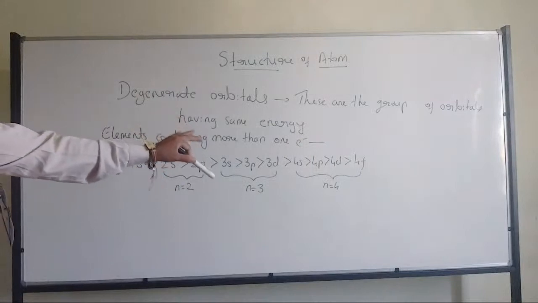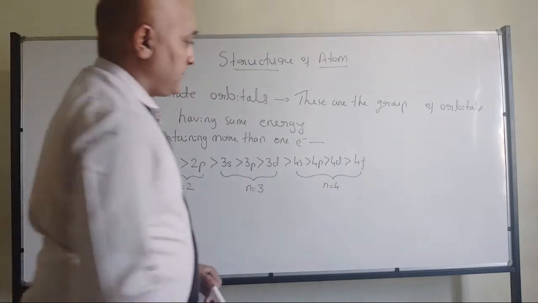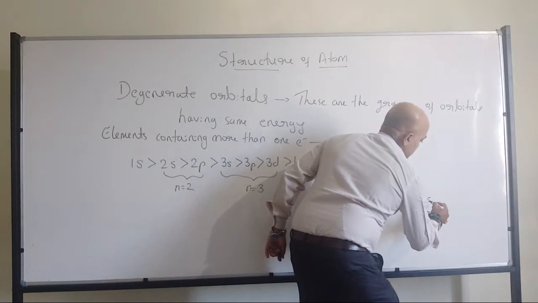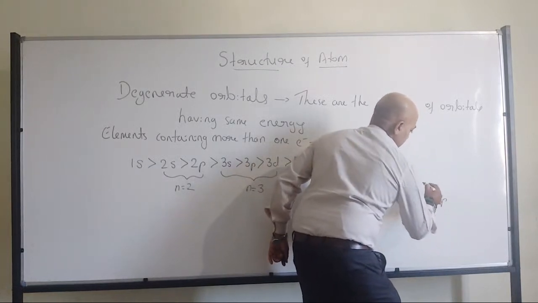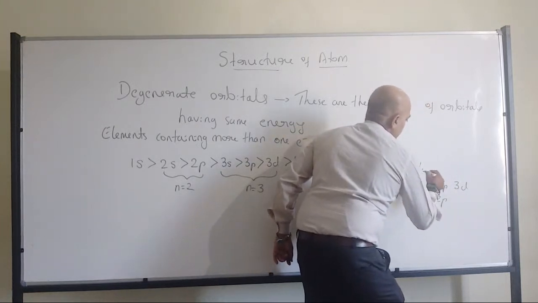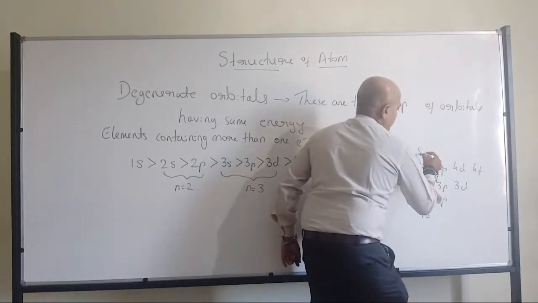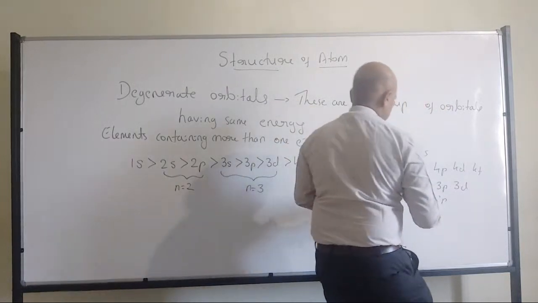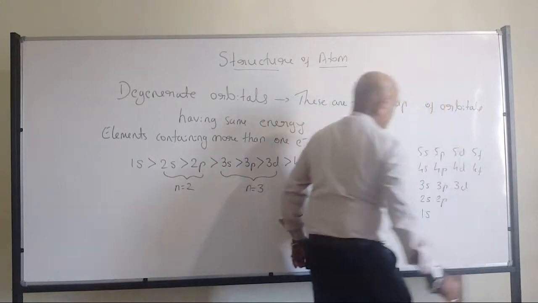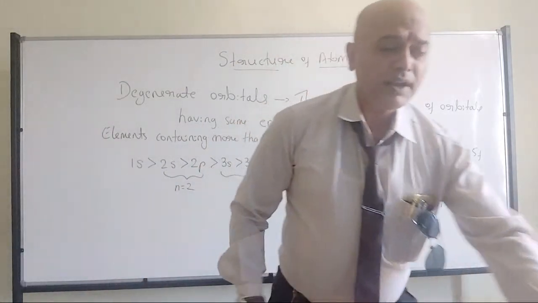If I want to go with the exact order, I should follow the Aufbau principle. According to the Aufbau principle, we have the Aufbau diagram: 1s, 2s, 2p, 3s, 3p, then 3d, 4s, 4p, 4d, 4f, 5s, 5p, 5d, 5f, like that. Or I can make it reverse also, it will be easy for you, anything is fine.